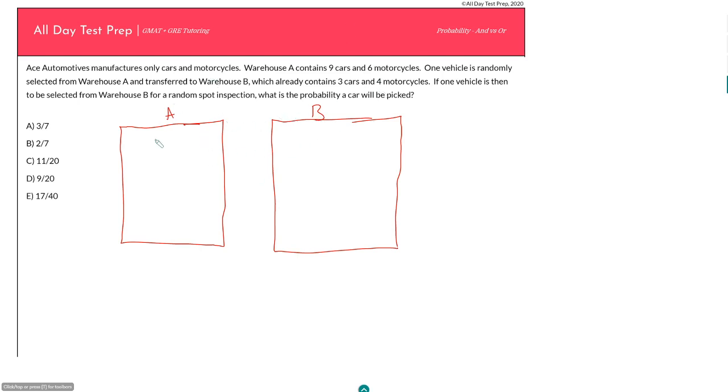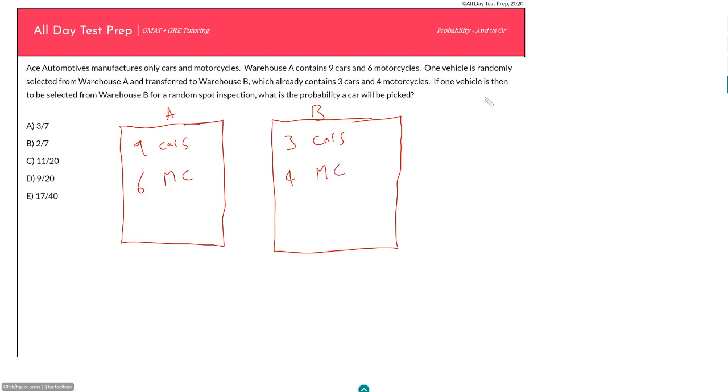And so to start, Warehouse A has 9 cars and 6 motorcycles. And Warehouse B has 3 cars and 4 motorcycles.